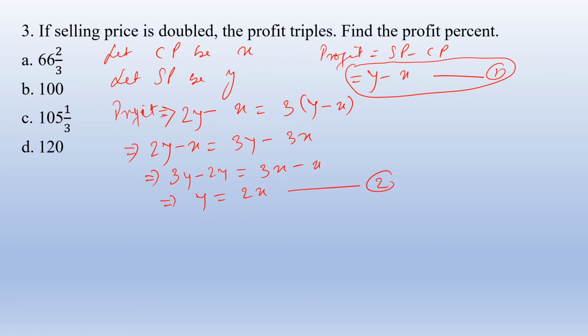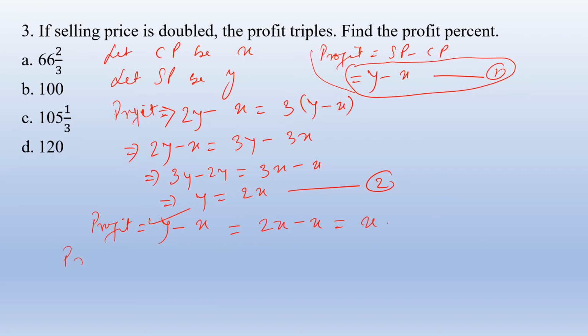And we know the profit is equal to selling price minus cost price, which is y minus x. So we will substitute equation 2 in this, which is equal to twice x minus x, which is equal to x.